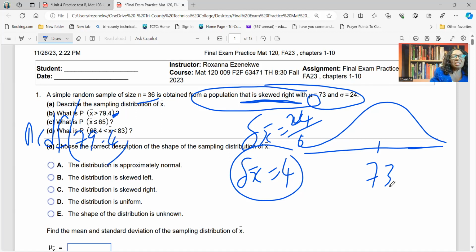The upper bound is positive infinity. The mean is 73 because I'm given raw data. The standard error is 4.